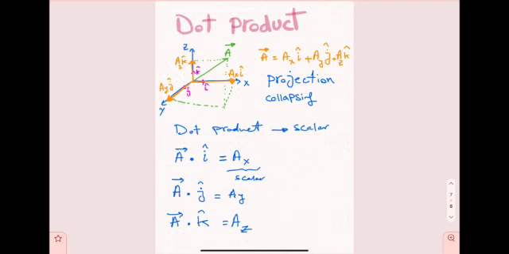So every time I want to know the value of the projected vector, I just have to calculate the dot product in that direction.